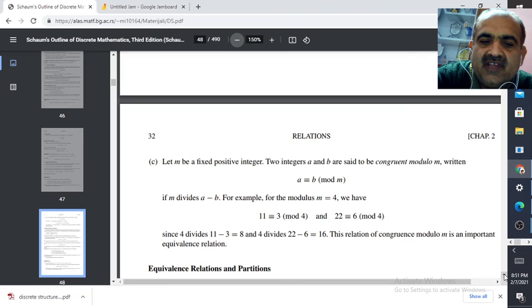What does it mean? Suppose M is 4 and A is 11.